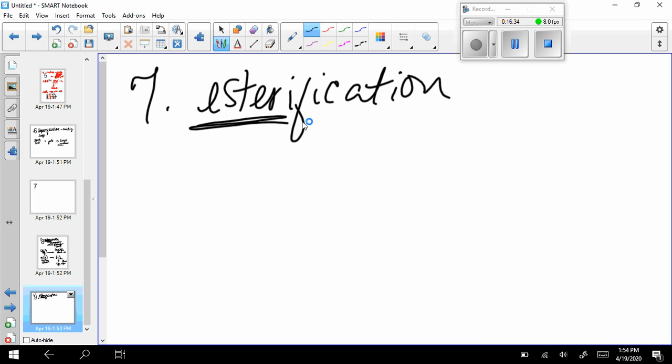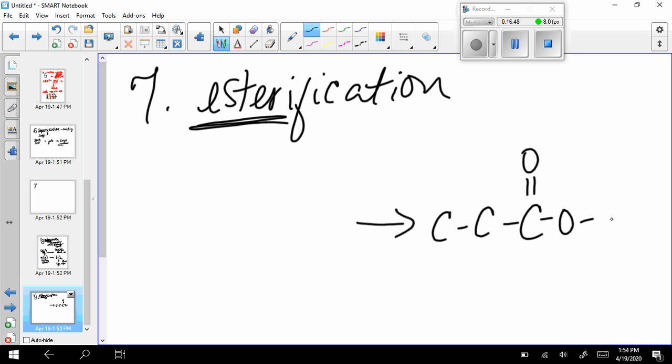If I want to make an ester, I want to start off by showing my final product. An ester is going to have a chain of carbons. The carbon chain ends with a double bonded O connected to an O. And then after that is a branch. To name this, my branch name comes first.